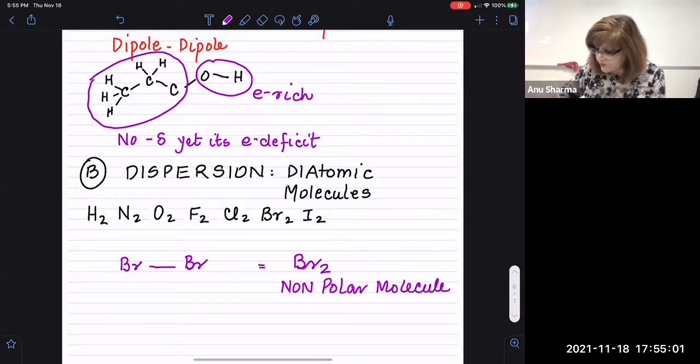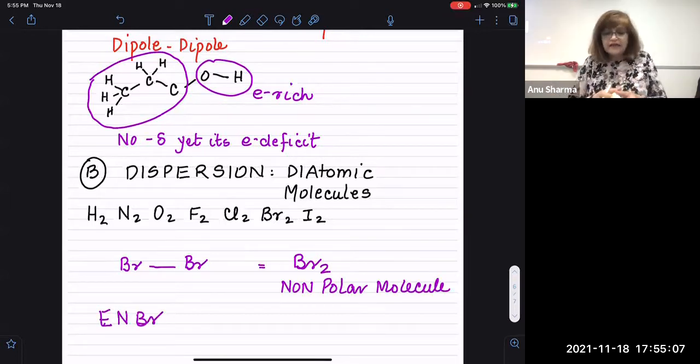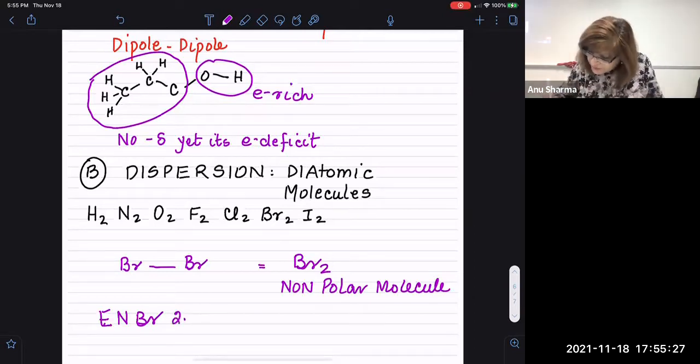Here's the electronegativity of bromine. Although bromine is highly electronegative, the difference here is 2.8 minus 2.8.